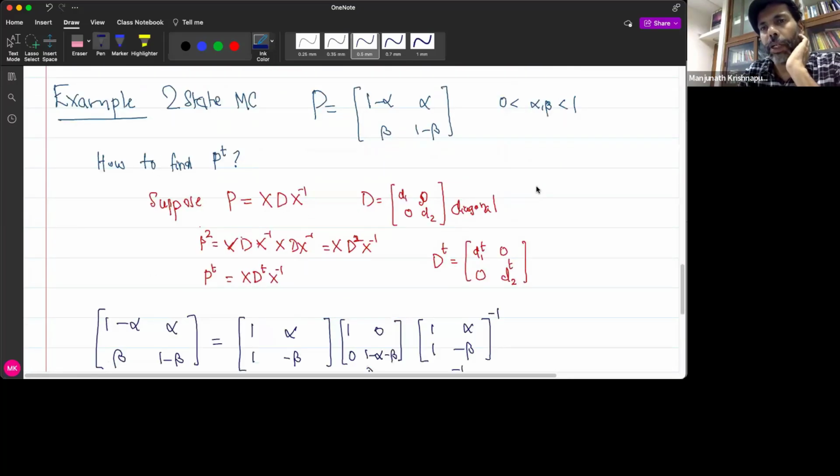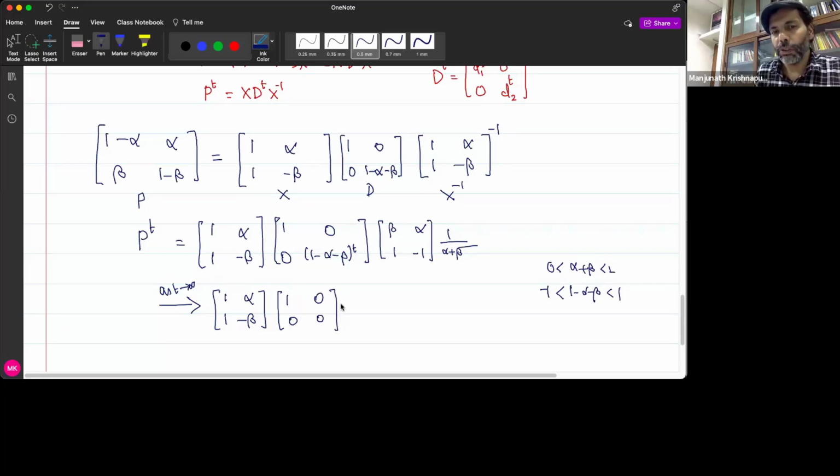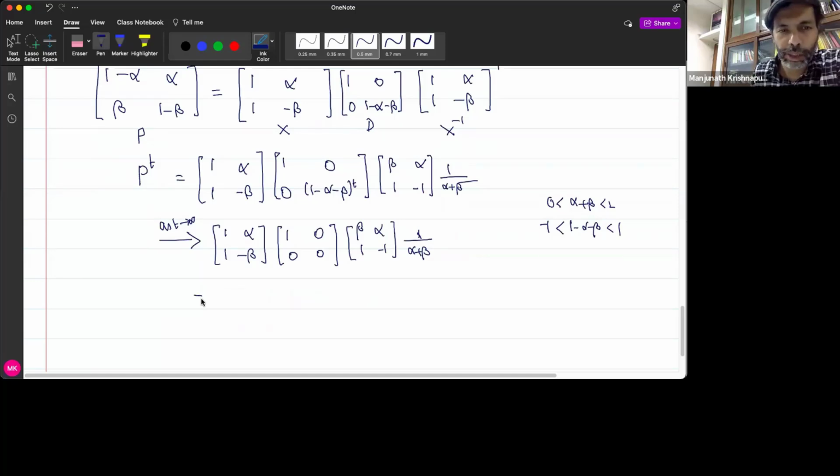So alpha plus beta is between 0 and 2, so 1 minus alpha minus beta will be between -1 and +1. So when I raise it to a large power, that will converge to 0. So in the limit, it becomes very simple, and I get this matrix with 1 over alpha plus beta and this. Now it's a matter of multiplying these three matrices.